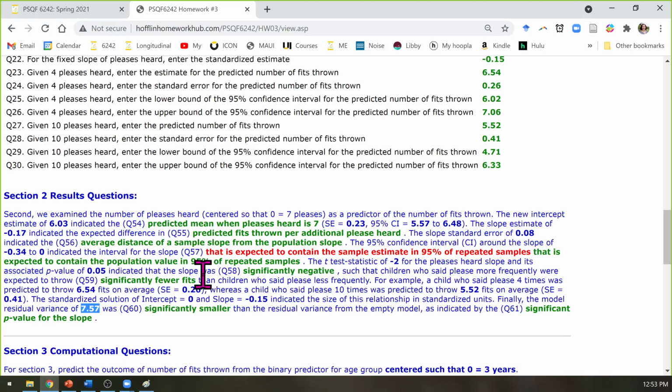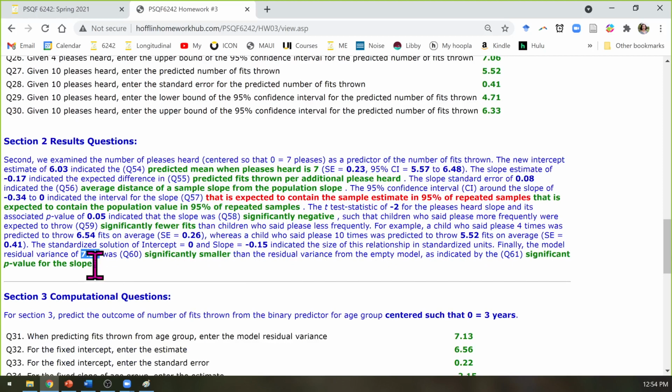The difference is in drawing one sample, what actually happened. So Jin's data wandered into the corner where the effect size was small enough that the change in sums of squares residual was not enough to offset the loss of a degree of freedom. So I will fix that for you. But yes, in this case, it did go down. It's significantly smaller because of the addition of the slope.